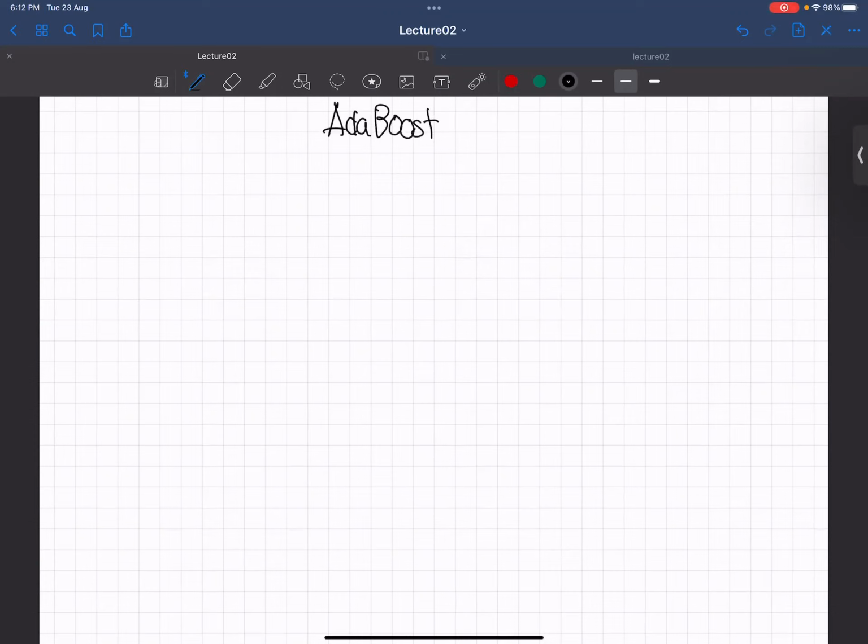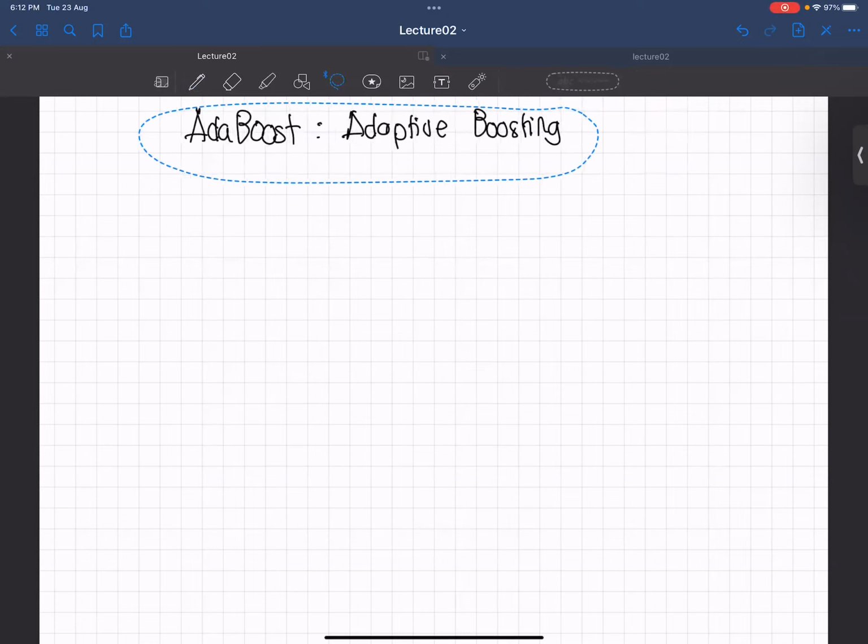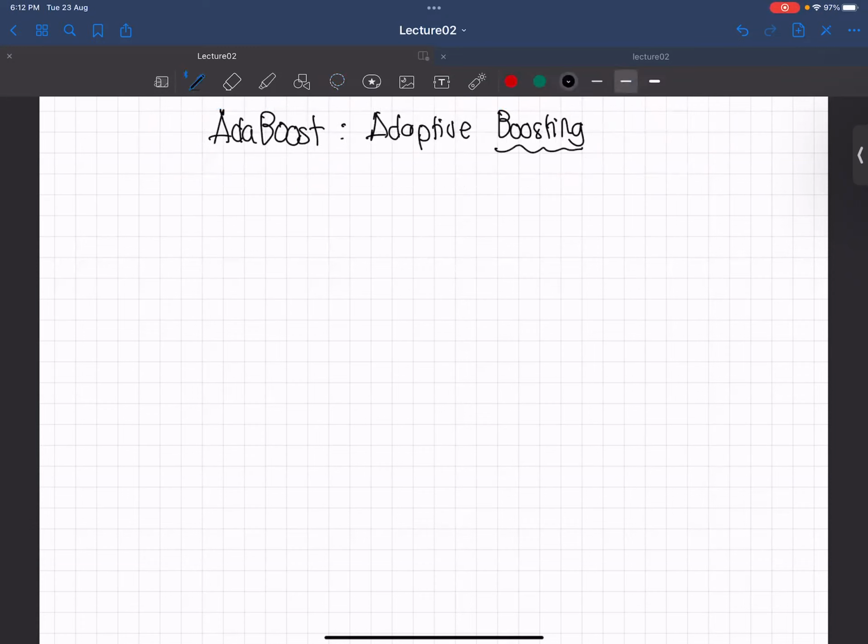First, AdaBoost. What does AdaBoost stand for? Anyone know? It stands for adaptive boosting. Boosting is one of the algorithms in classification. AdaBoost is one type of boosting algorithm, and boosting is one of the techniques in classification.